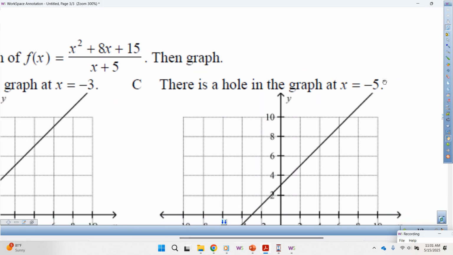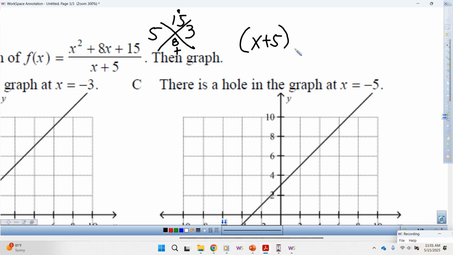Once again, let's start with factoring. 15, 8. What two numbers multiply give me 15 when you add them give us 8? Mario? 5 and 3. So my factors are x plus 5, x plus 3. The denominator, since it doesn't have any GCF, the GCF is going to be 1, so 1 times x plus 5.